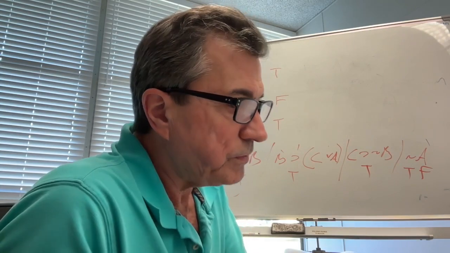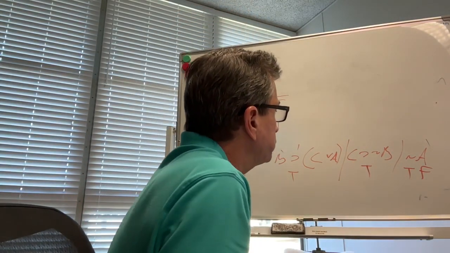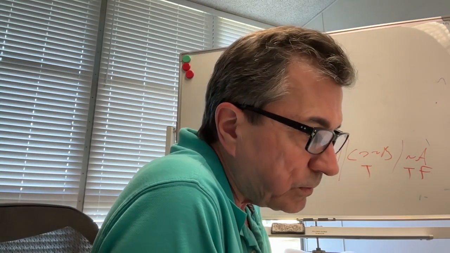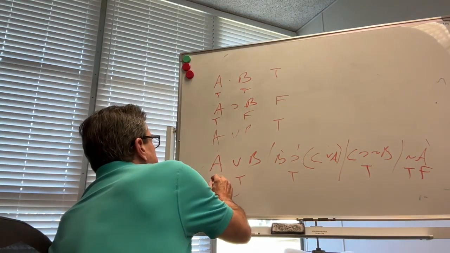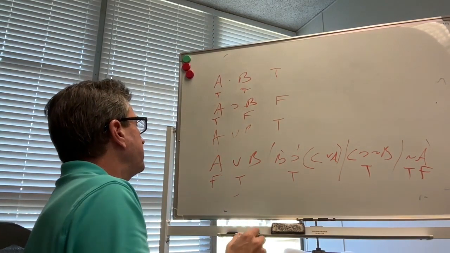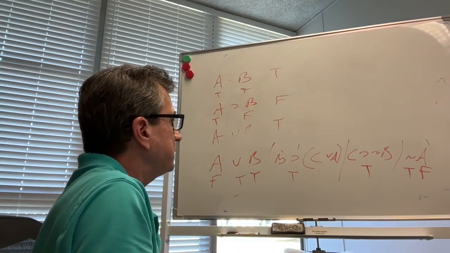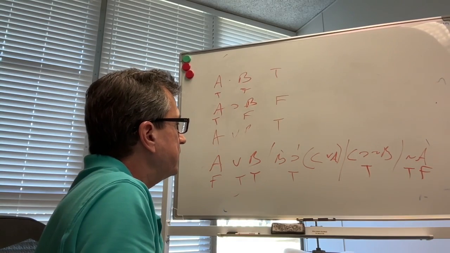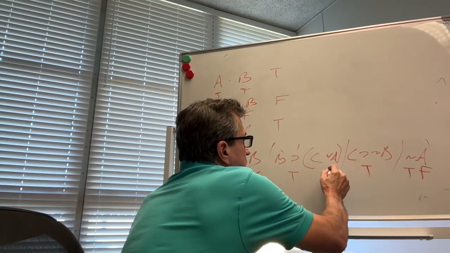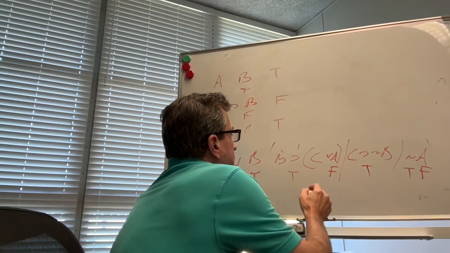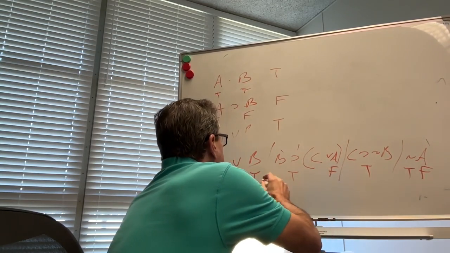So if C is going to be true, then what do we have? Let's go false or true. Then it would be true. Let's see here. B implies this needs to be true. So what do we have? C. A is false. So B is true.